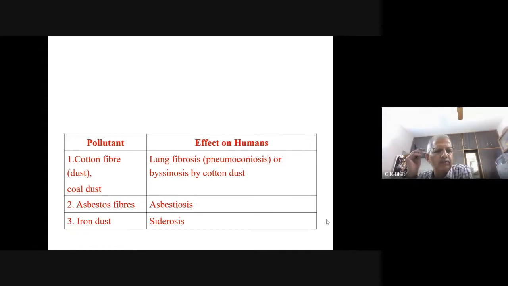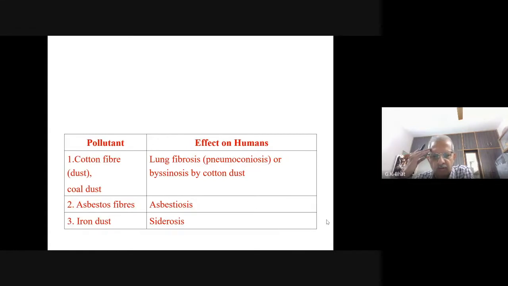Cotton fiber dust, coal dust. It brings about lung fibrosis, pneumoconiosis, or byssinosis by cotton dust. Always, you must be very much careful whenever the bed preparation is going on. If at all you are asking any person to come and make the bed back at your home, the fine threads that come out while making this bed from the cotton may get into your nose without your knowledge.